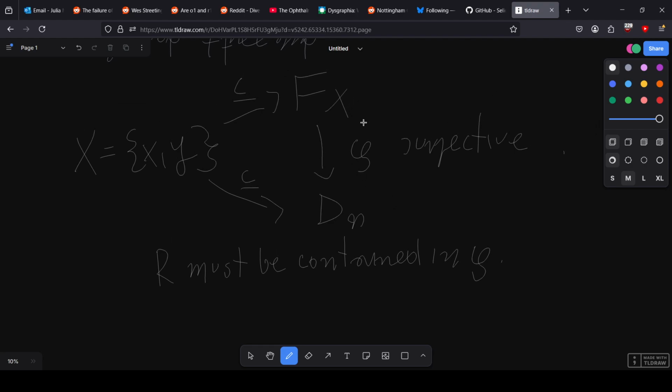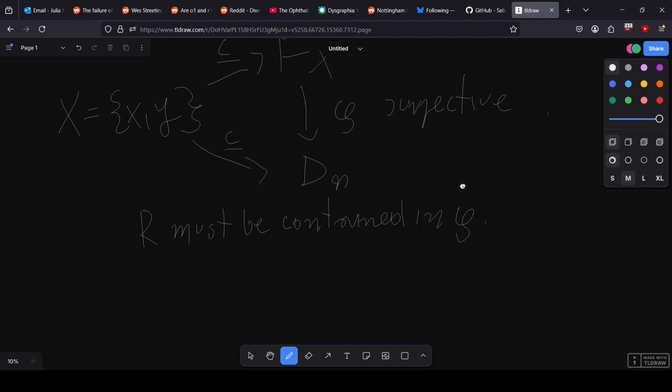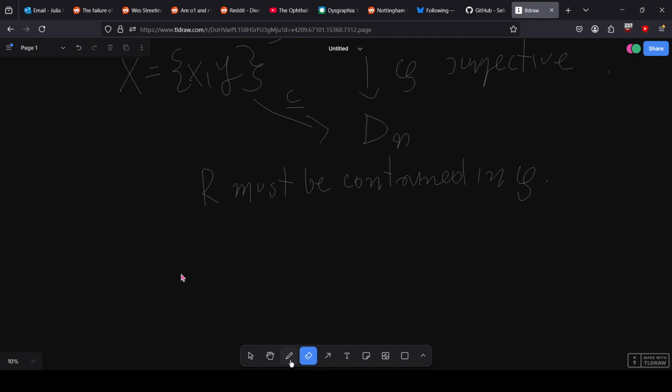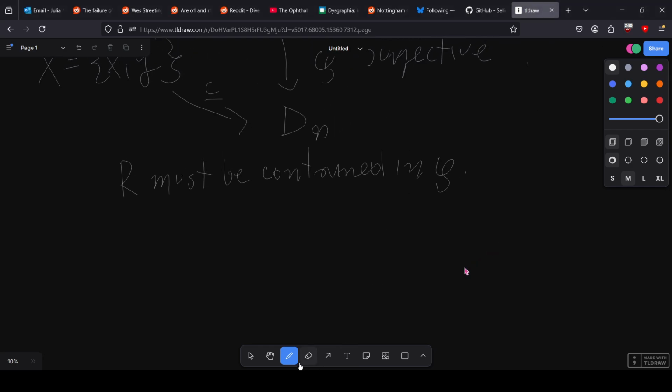So if we have a surjective homomorphism from Fx to Dn, all of that actually needs to be mapped to 1 by phi. That is an important thing to say.